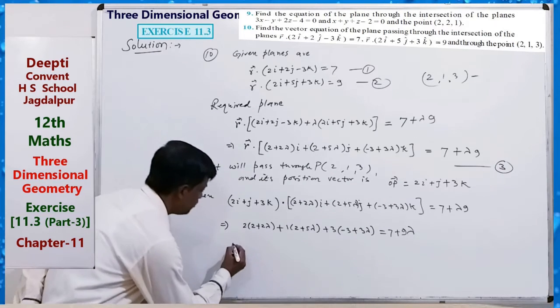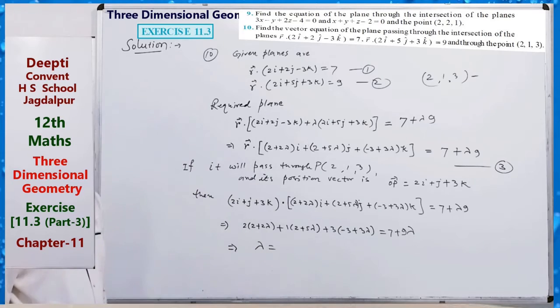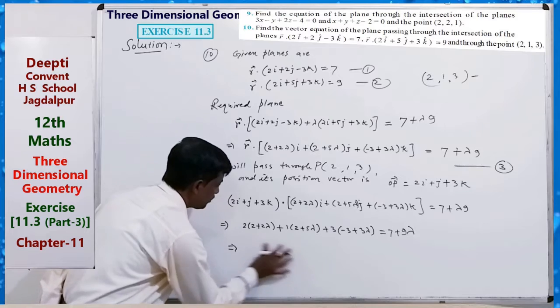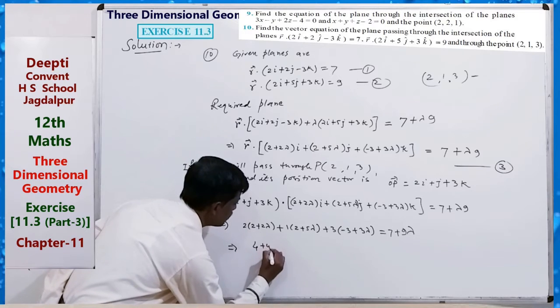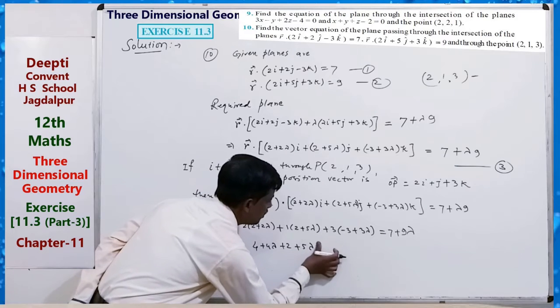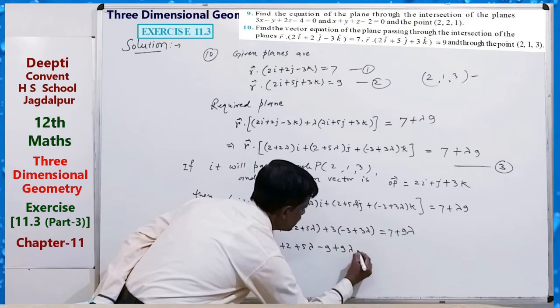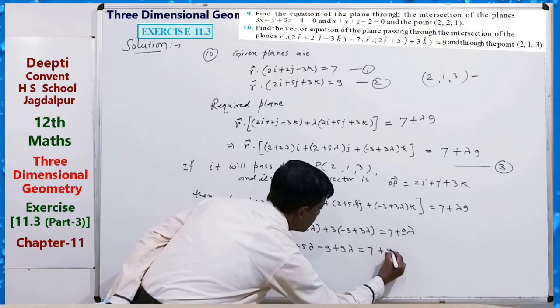Now, solving it, we can find the value of lambda. Here: 4 + 4 lambda + 2 + 5 lambda - 9 + 9 lambda equals 7 + 9 lambda.